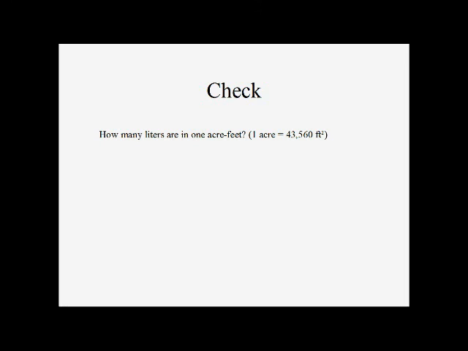Another one, if we have an acre foot of water, that means we have 1 acre, which is 43,560 square feet. 1 acre, a foot deep with water. That's an acre foot. How many liters is that?